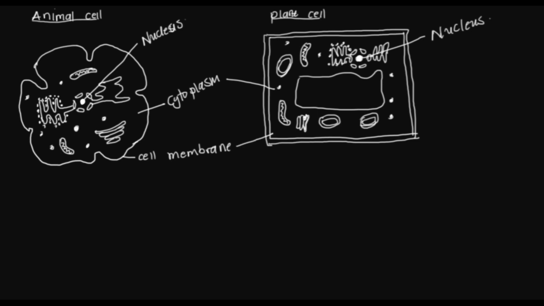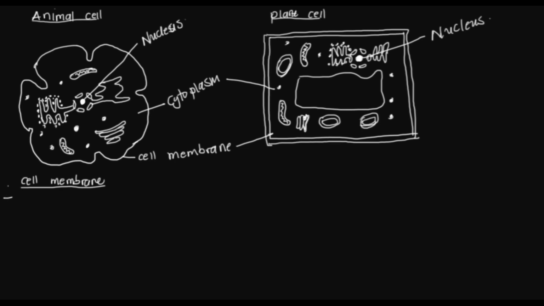So the cell membrane is just a structure that separates the inside of a cell from the outside. Now here, this is a selective permeable membrane. So what it means by selective, it means it allows some substances to go in and out of the cell. So number one, let's look at some of the functions of the cell membrane.